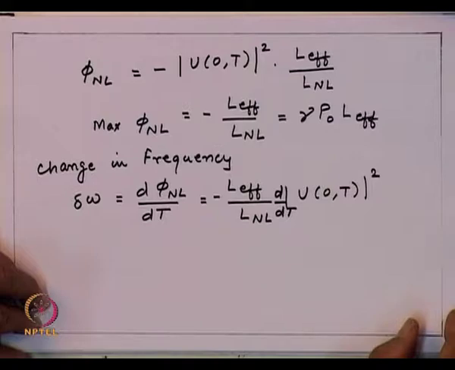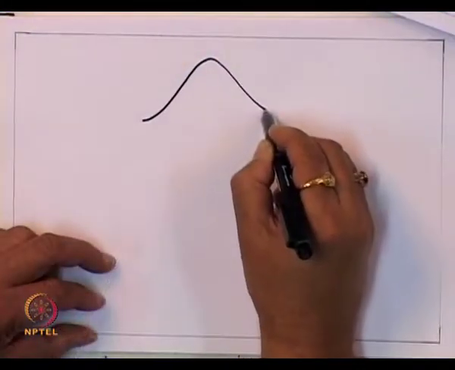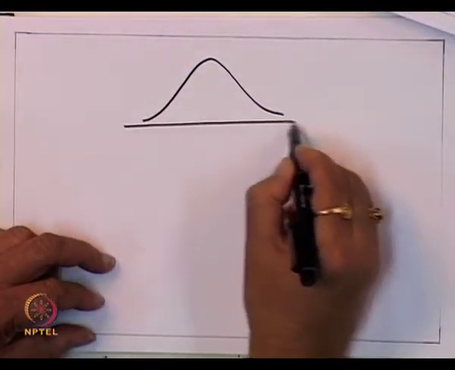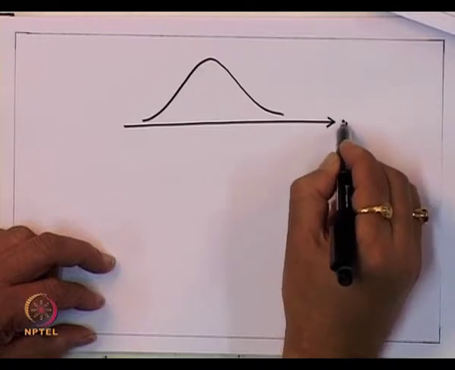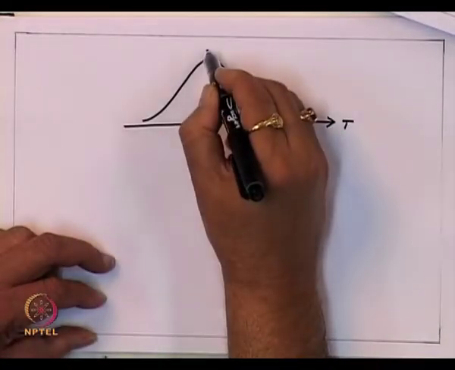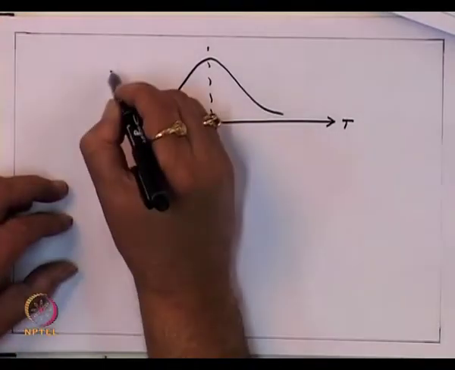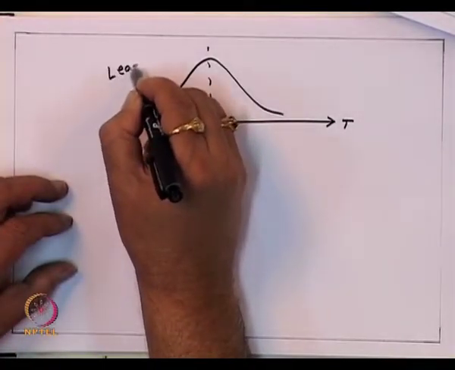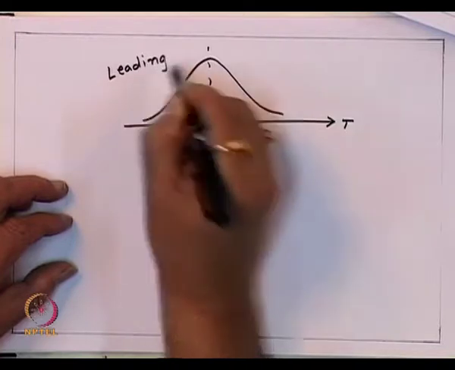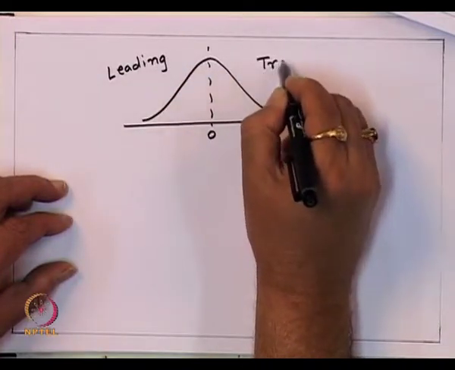So, let us consider the Gaussian pulse as we have taken in the previous case. Let us say we have this Gaussian pulse as a function of time. This is t equal to 0. This is the leading edge, this is the trailing edge.